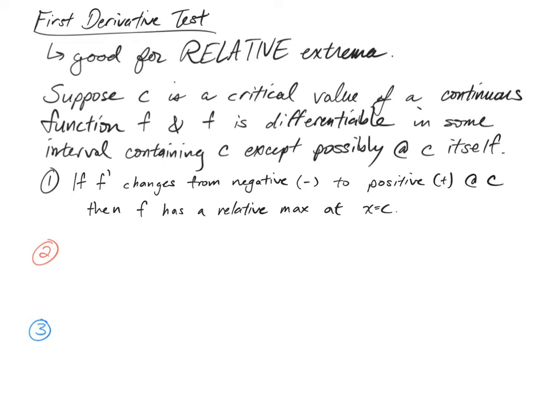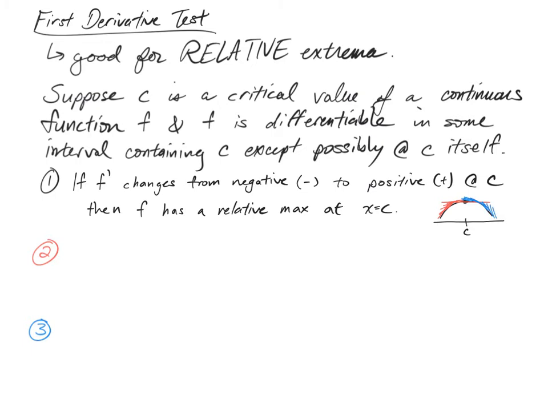And this makes sense because if you have derivatives that are negative, and then you have a critical value c right there, so that will be flat. And then all of a sudden you have derivative values that are positive.